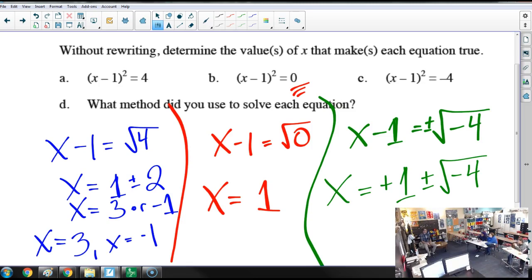The square root of a value is the value that when multiplied by itself equals the number we started with, right? So the square root of 4 is 2, because 2 times 2 is 4, but also negative 2, because negative 2 times negative 2 is 4. This is where square rooting negative numbers is a giant pain in the patootie.